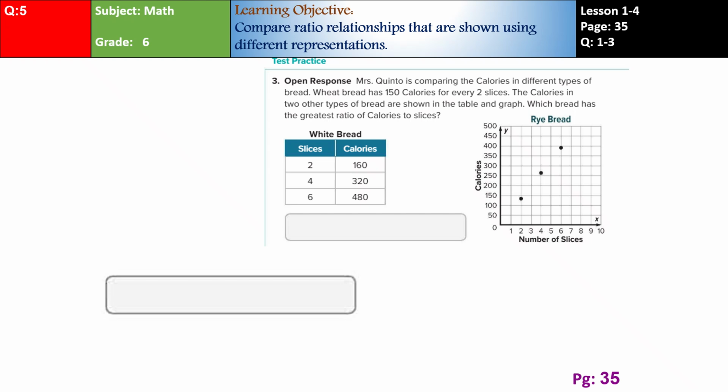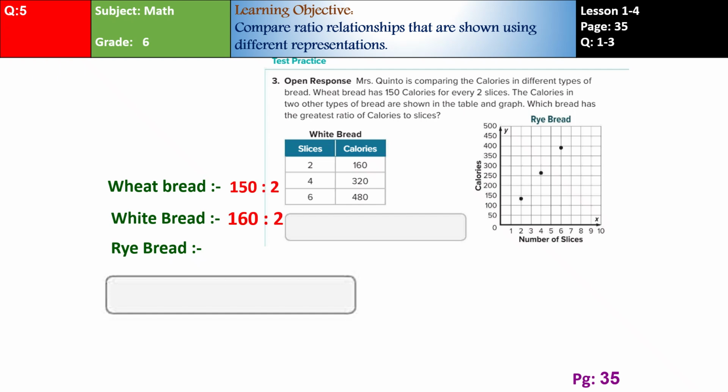Mrs. Quinter is comparing the calories of different types of bread. Wheat bread has 150 calories per 2 slices. Now white bread has 160 calories in 2 slices, and if we look at the table it is 140 for 2 slices. What we can do, you can either graph them, you can make a table, or even simply we can write the ratios for all three of them.